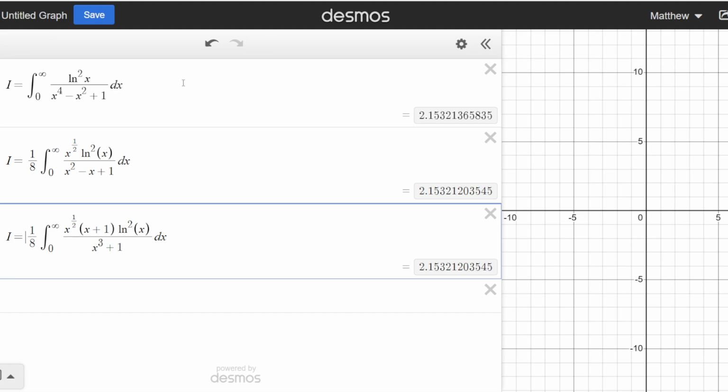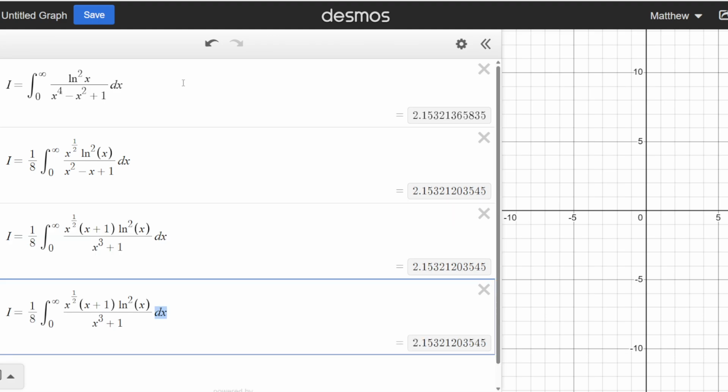So let's split this up, like I said, into two separate integrals. One is going to have just that factor of 1 in it, and the other is going to have this x in it. So combining the x and the x to the 1/2, we will just get x to the 3/2.